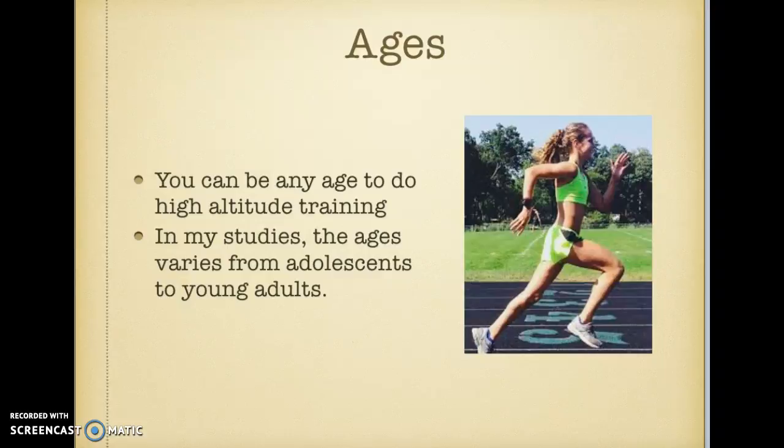Also, if you have any type of medical conditions, you want to be careful with doing altitude training, just because you don't want to worsen those medical conditions.